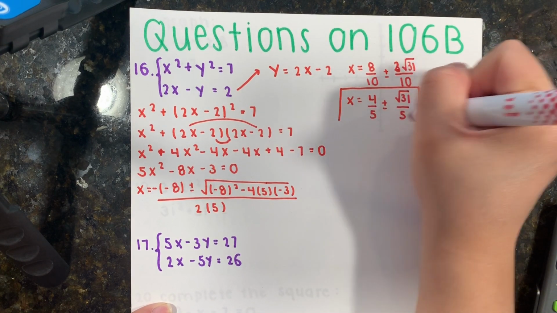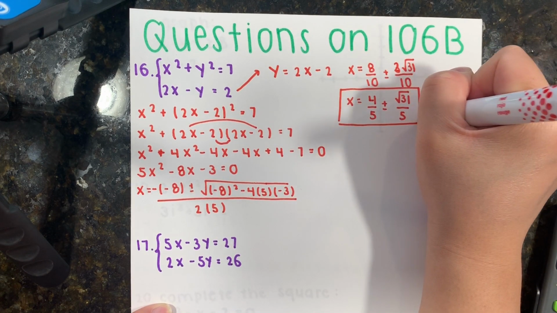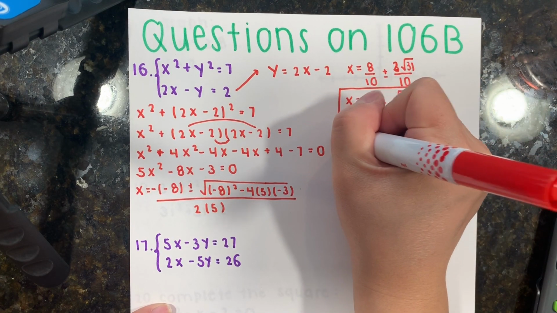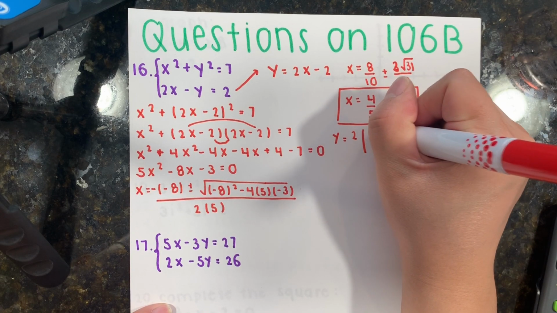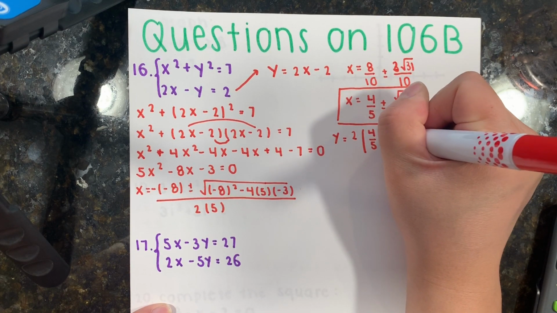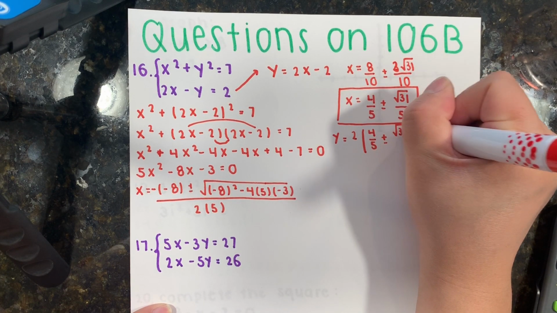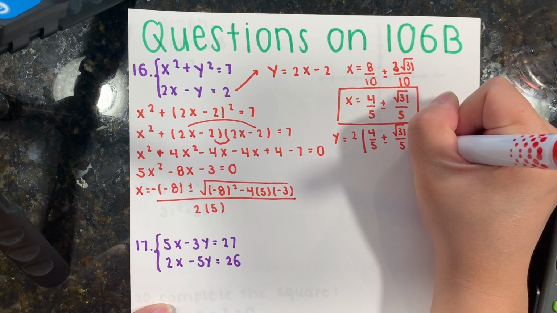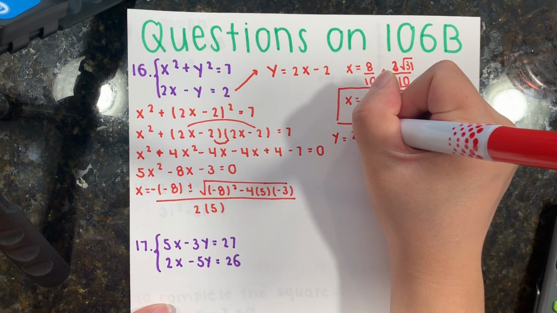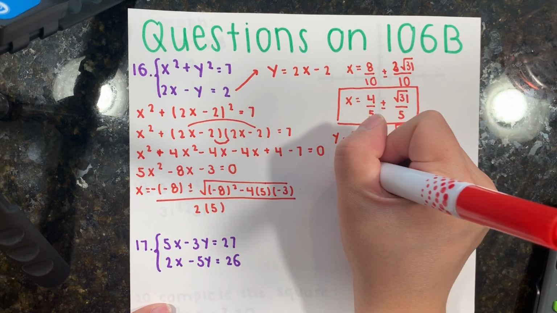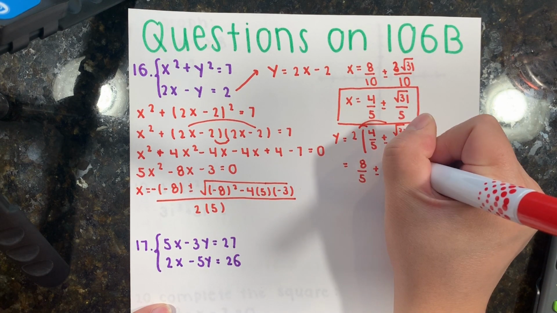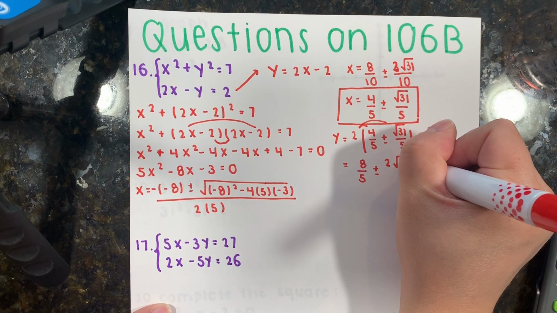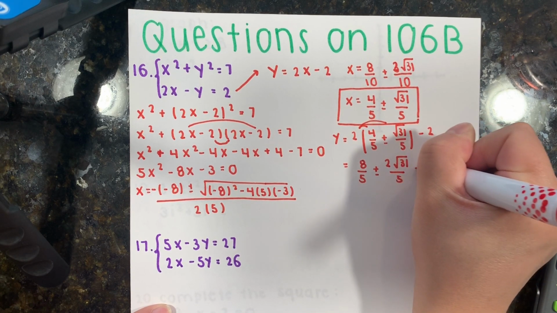So I kind of had to skip a few steps in there to try and make sure it fit. Then I have to solve for y. So that would be 2 times what I got here, so 2 times 4 over 5 plus or minus the square root of 31 over 5, minus 2. So if I distribute that, I get 8 over 5 plus or minus 2 root 31 over 5, minus 2.